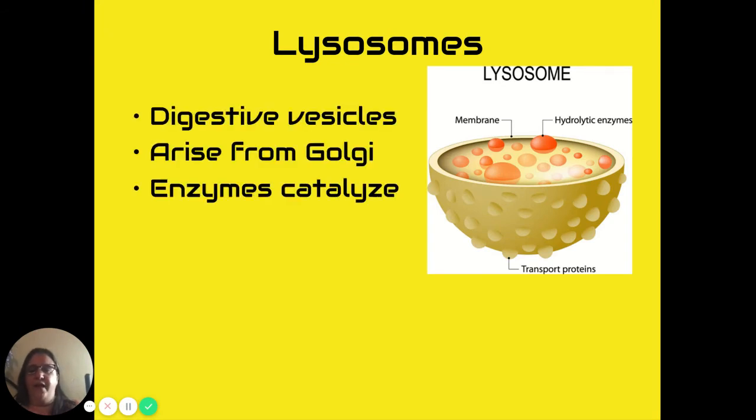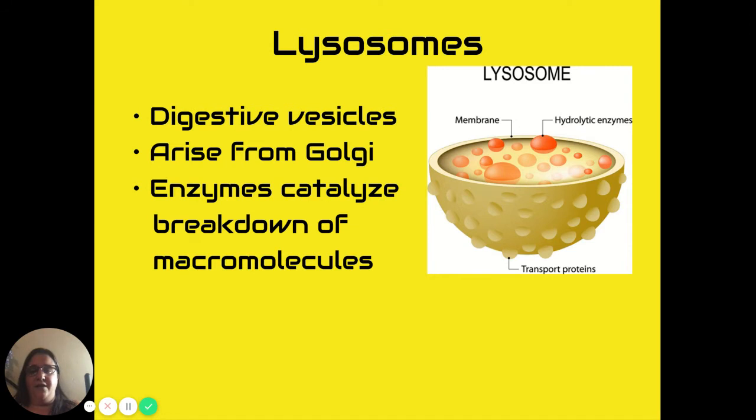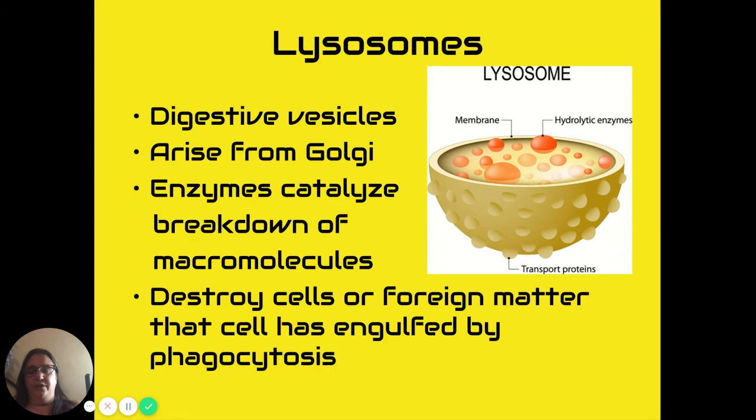Okay. Then we have the lysosomes. The lysosomes are the digestive parts of the cell. They are little vesicles or sacs that come from the Golgi bodies or Golgi complex. They have enzymes in them, and those enzymes are going to help break down macromolecules that we eat.